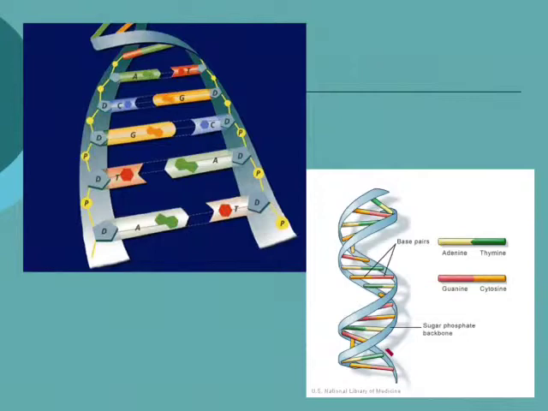So we don't want DNA to ever leave our nucleus. That would be bad because the DNA is our blueprint. We never want the blueprint to leave our nucleus. We got to have it there. But we have to be able to let something leave our nucleus to give instructions to the rest of the cell. So that's what the RNA is there for.